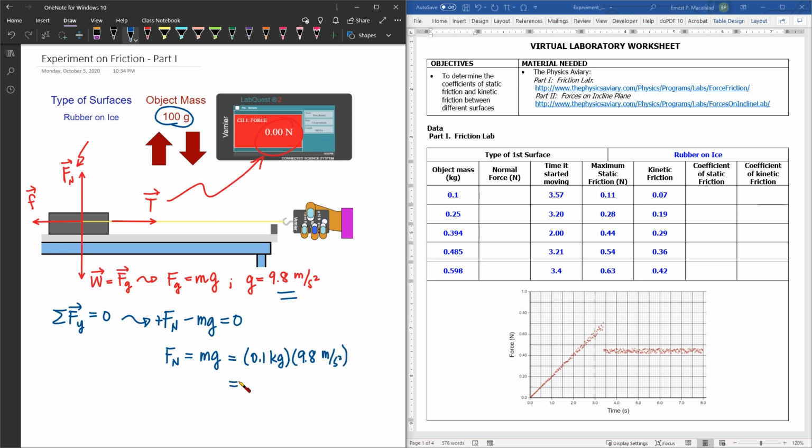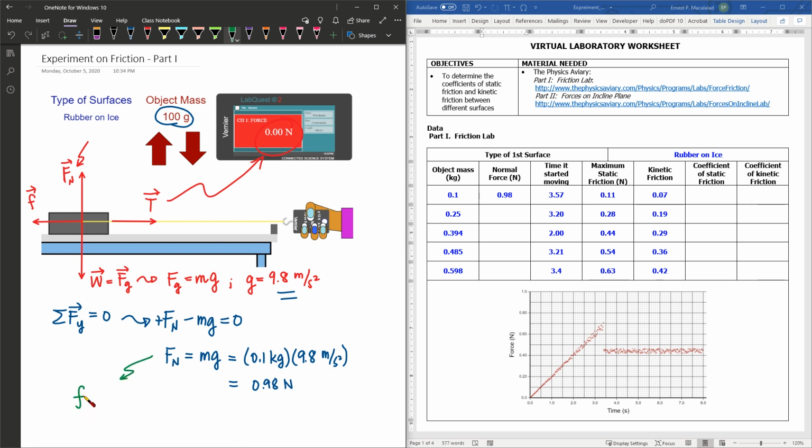So therefore, we now have 0.98 newtons. So we're just going to write here 0.98 newtons.